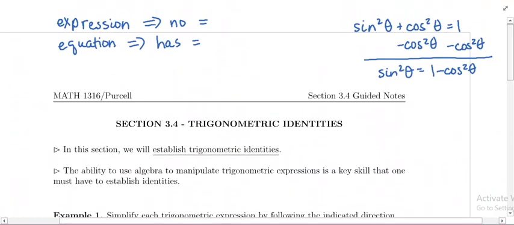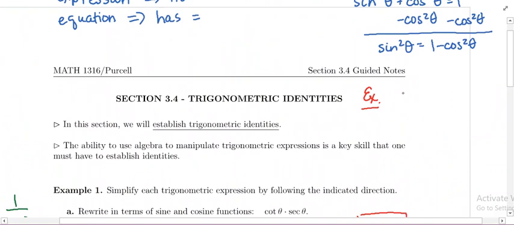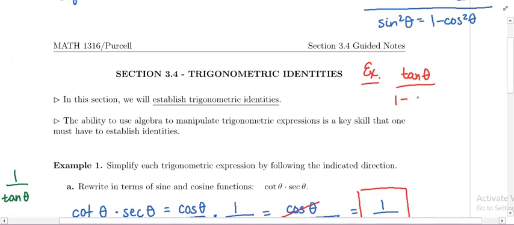I'll give you another example. Let's say we had the tangent of theta over 1 minus the sine of theta.